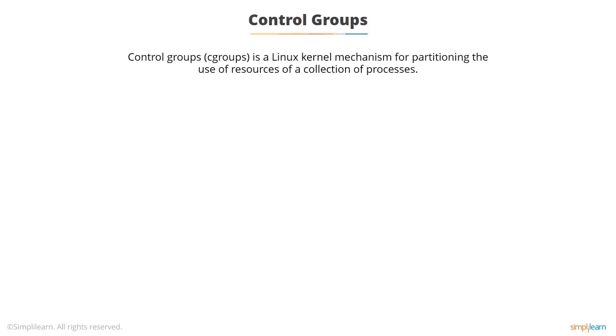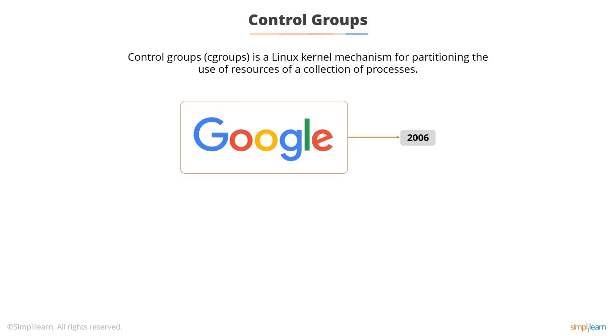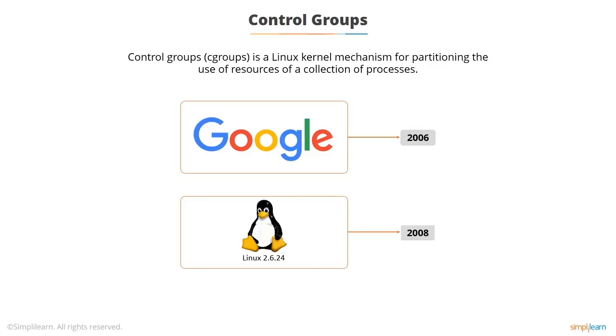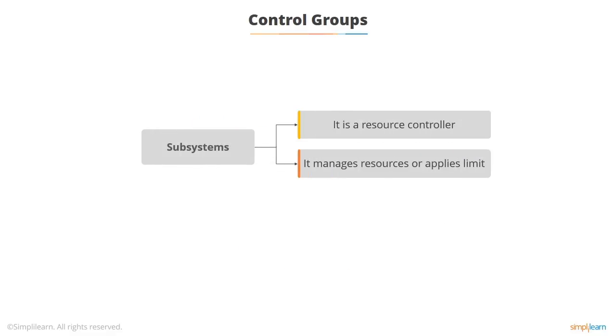So what are control groups? Well, it's a mechanism which was started by Google in 2006 because they wanted this kind of concept of containerization. So they started making changes to the Linux kernel, which the Linux kernel team obviously liked because they integrated it into kernel 2.6.24 a couple of years later. So what happens is that a control group associates a set of processes with a set of subsystems, where typically a subsystem is a resource controller which manages resources.